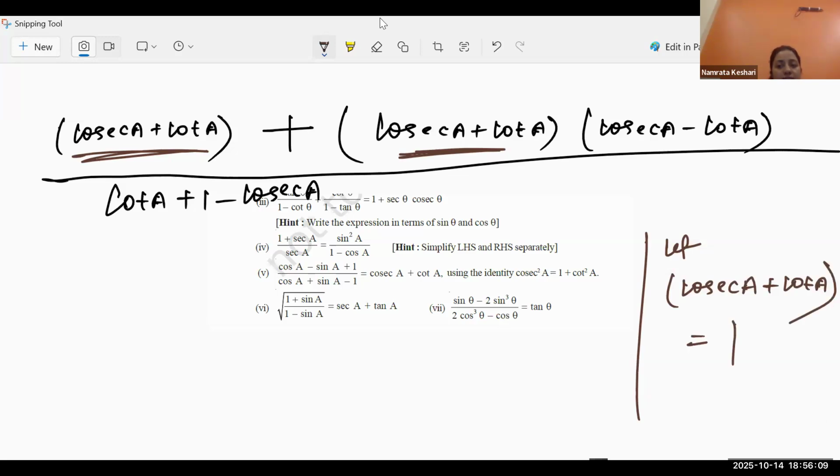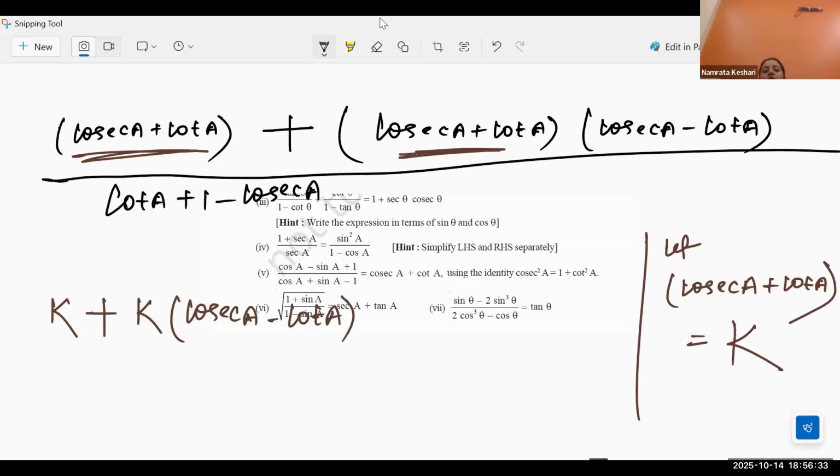Let this bracket where cosec A plus cot A is be k. Then the first term will be k, plus the next will be k into cosec A minus cot A. If I now ask you what the common factor is over here, will you tell me that k is the common factor? Yes or no?